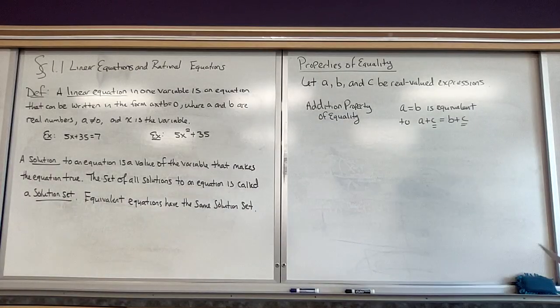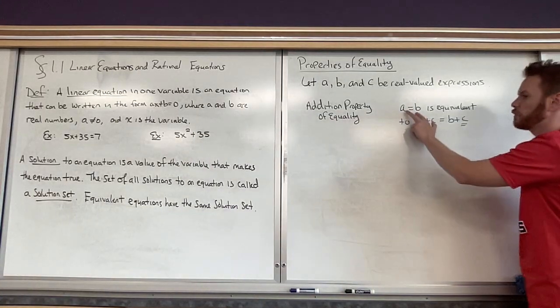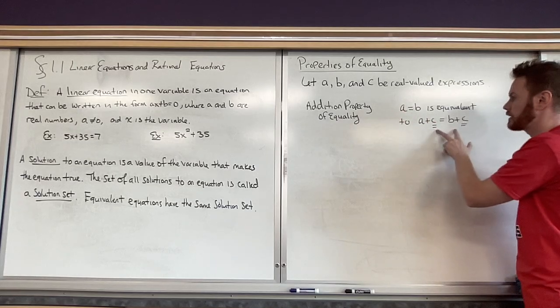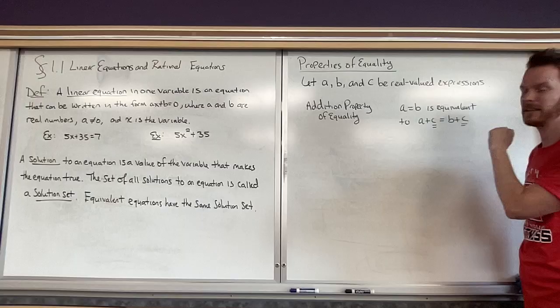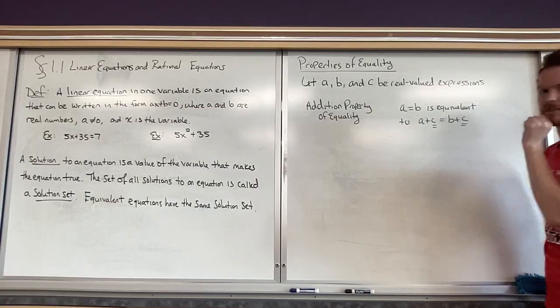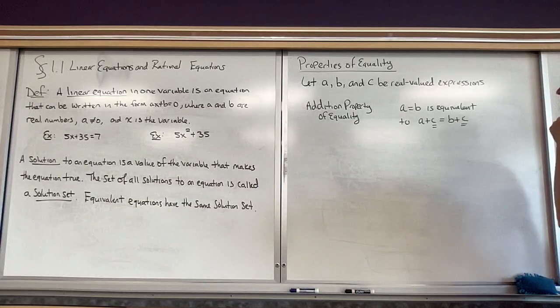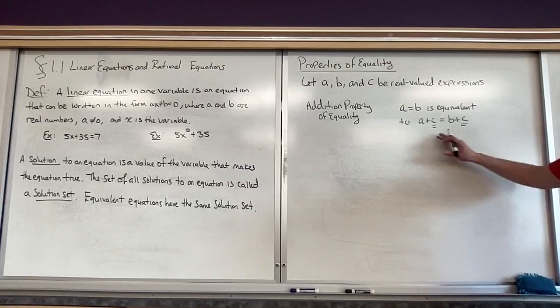Think about it. If A was 10 and B was 10, then adding some other number to each side is still going to give me the same number, right? Whether it's a 5 to both sides and they're both 15 after you simplify, or if it's a -3, it's still going to be the same number.